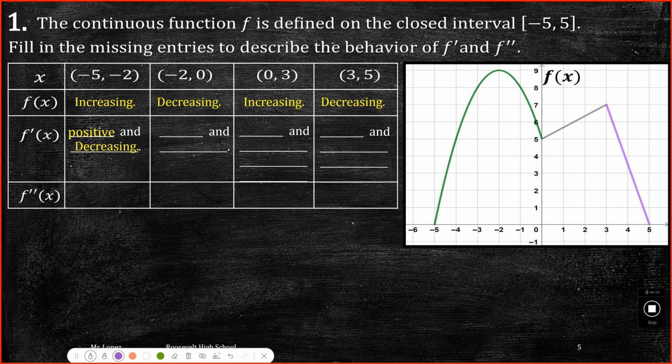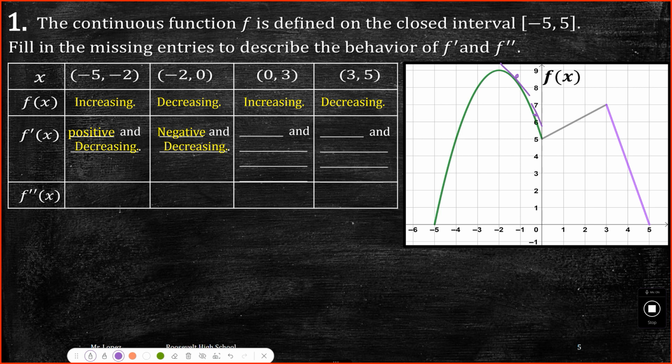And on -2 to 0, the slopes are negative, and they are decreasing. From 0 to 3, f prime of x is positive.